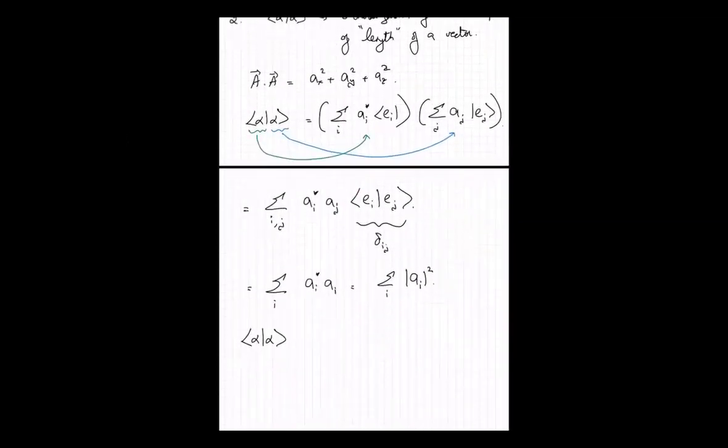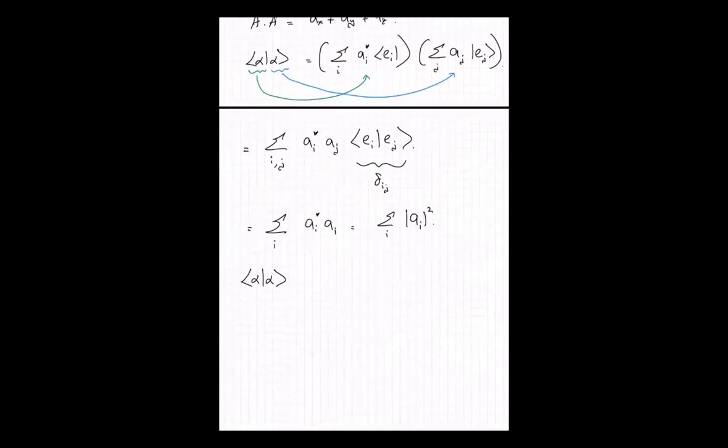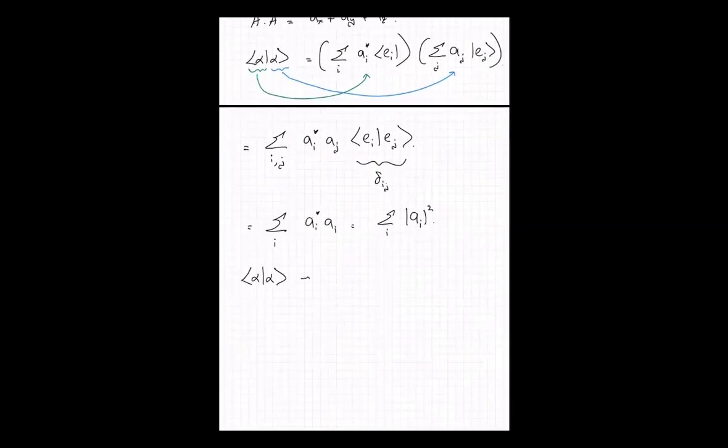But the inner product of a vector with itself has a special name: it is called the norm of the vector alpha. The norm is always a positive definite quantity.